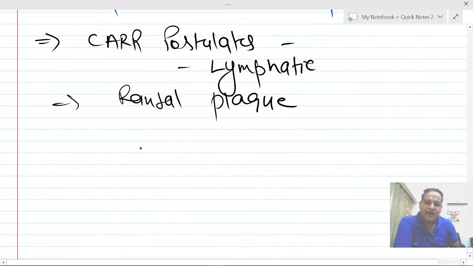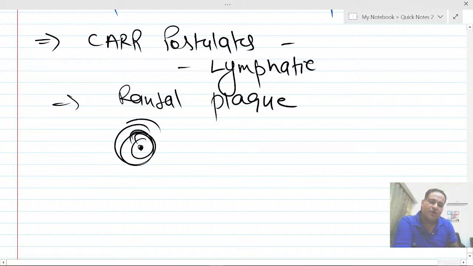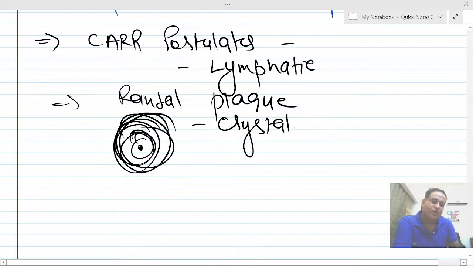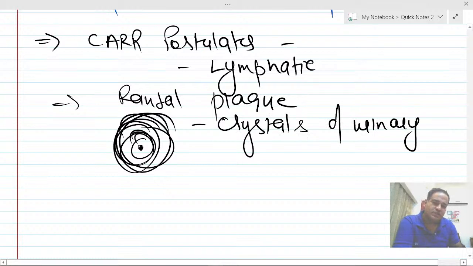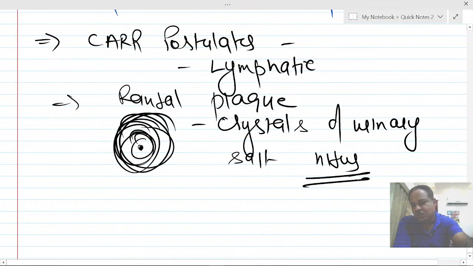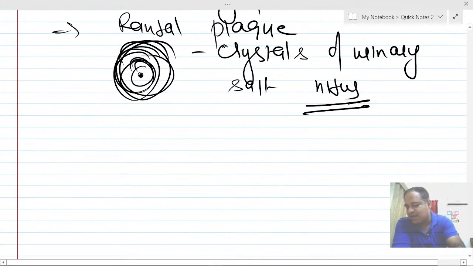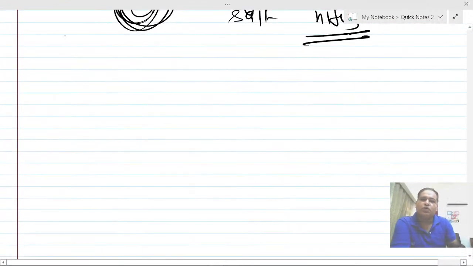It says that one crystal of urinary salt is deposited and keeps on enlarging; crystals of urinary salt act as a nidus for stone formation. Fine.